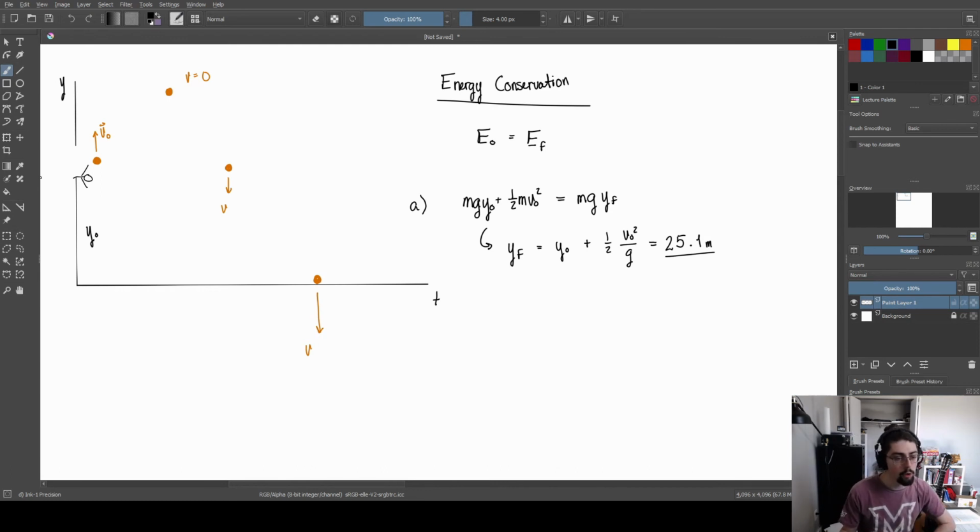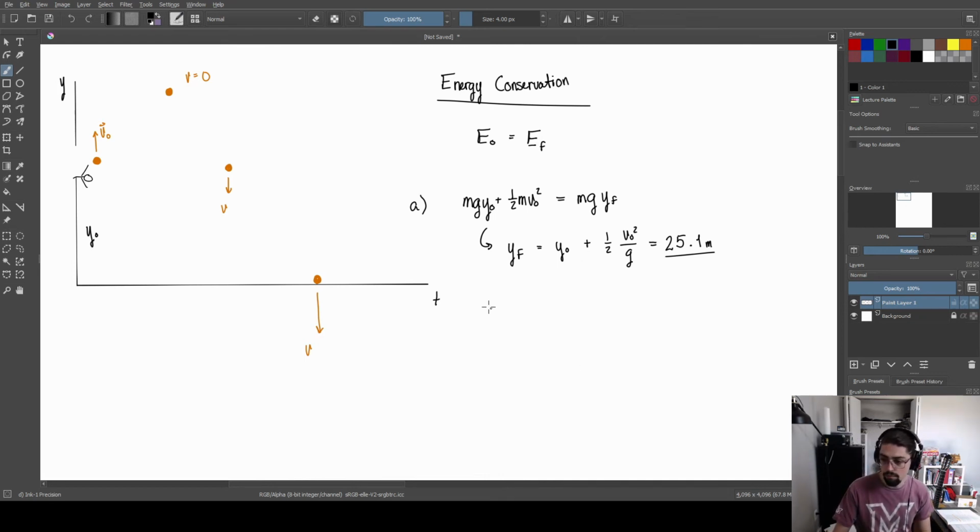Not even going to write out an equation. How fast are we going on the way back down? The g did cancel with the y naught portion. It doesn't cancel over here, right? That's another term. The speed falling down is 10 meters per second.